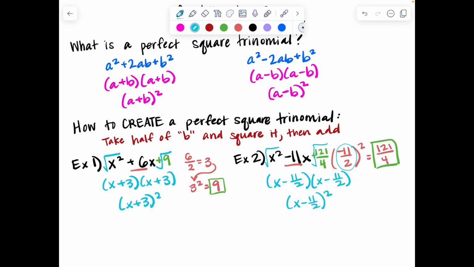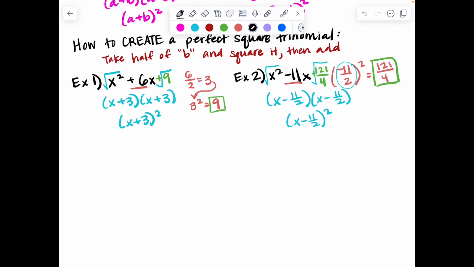Okay, so let's do the steps for actually solving these quadratics. Solving quadratics by completing the square.